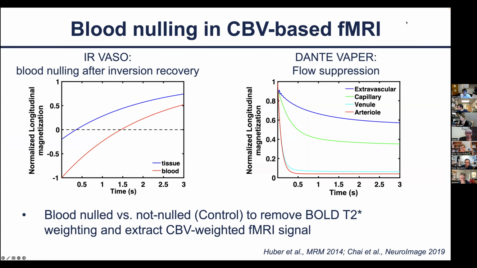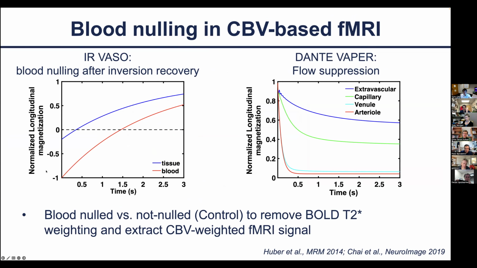In CBV-based fMRI, for CBV weighting, we need blood-nulling in the sequence. In VASO, people usually use inversion recovery, because of the T1 difference between tissue and blood.